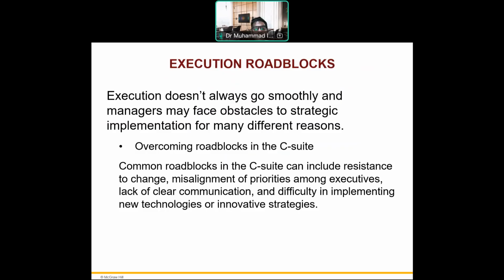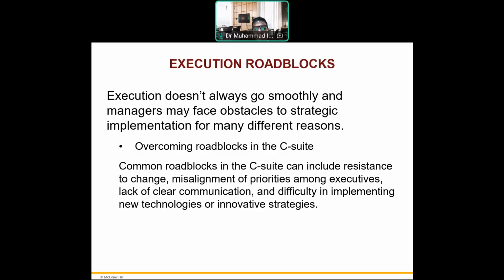Maybe employees are not willing to change their routine or working style. If you give them a new task, they will be reluctant to work on it. Also misalignment of priorities among executives, lack of clear communication, and difficulty in implementing new technologies or innovative strategies. So these are the roadblocks.